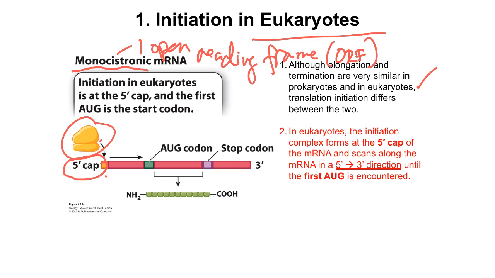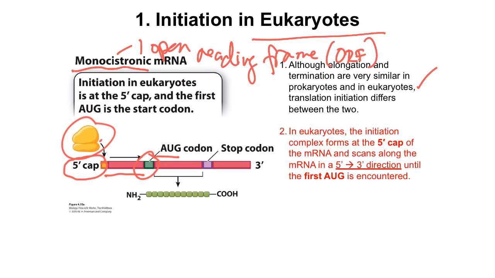Okay, and the ribosome, particularly, as we will see later on, the details will be coming shortly, but the small ribosomal subunit is going to scan until it reaches the AUG codon, the first AUG codon, which codes for the initiating methionine. And then the large subunit would join at this point in order to begin translation.